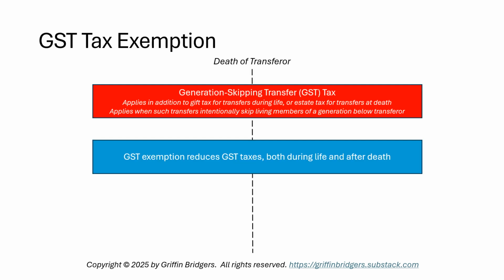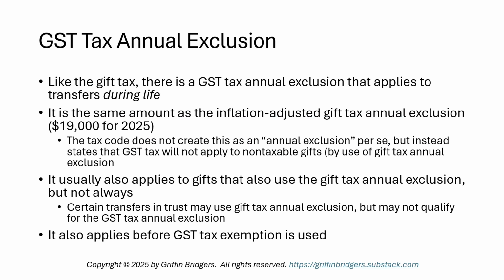So with that being said, we have a potential generation skipping transfer tax where we're making transfers during life or at death that intentionally skip living members of the generation below the transferor, but GST exemption can be used through a term called allocation at the time of a transfer that might be subject to GST tax, whether now or in the future.